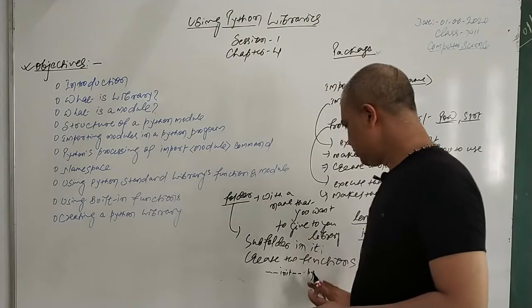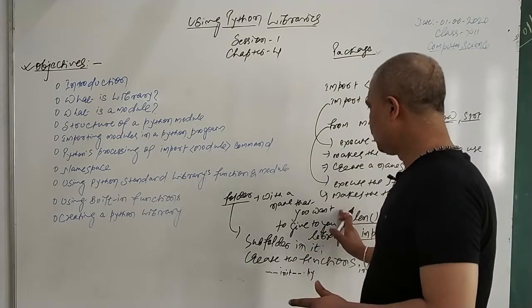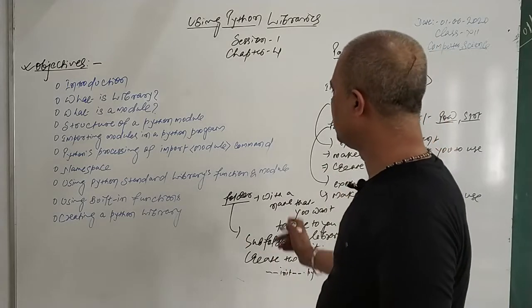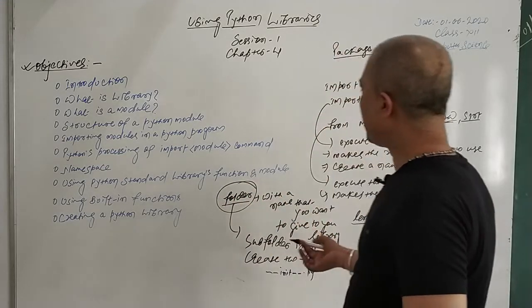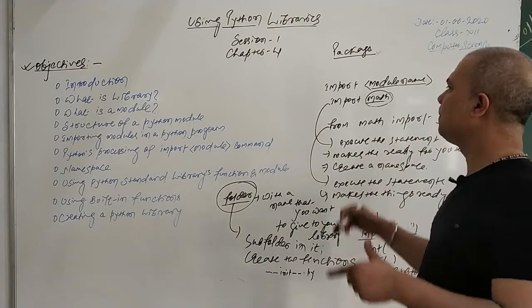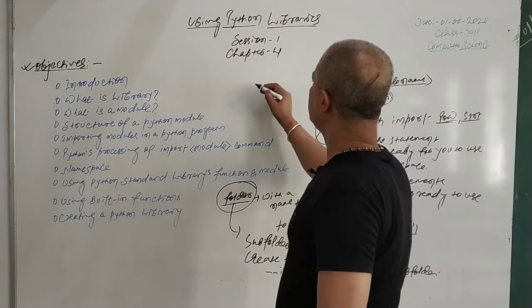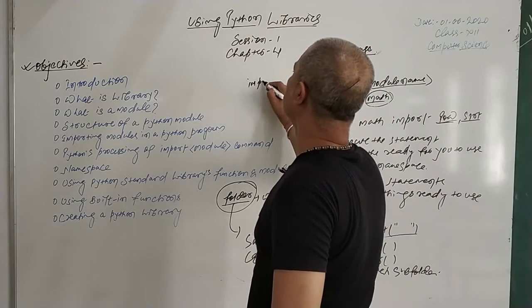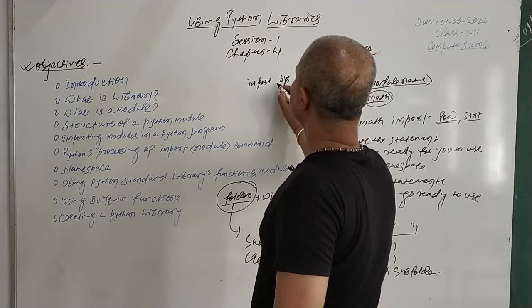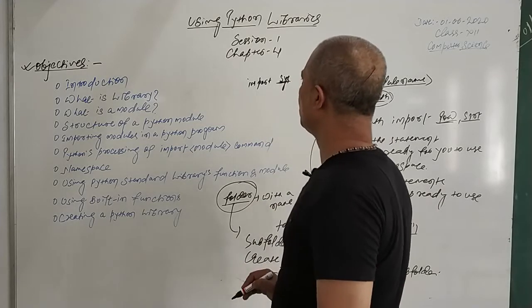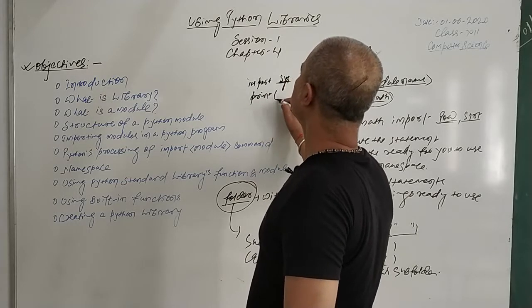Now after doing all this, you have to store this folder with the library name that you have created in the Python system folder. For that you can check: you just import sys. sys is a system module that you have to import, and then you see the path of this.